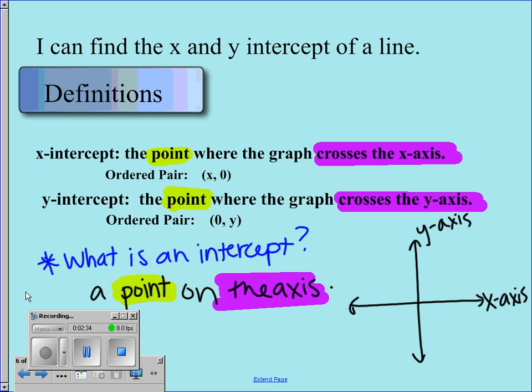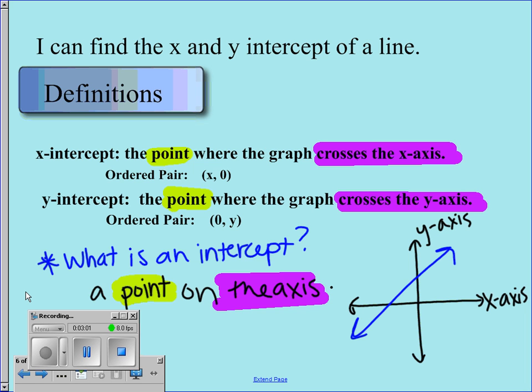There can be a lot of different points on that axis. So it says the point on the graph that crosses the x-axis or crosses the y-axis. So I'm going to draw a graph. I can draw any graph on my coordinate plane. I'm going to draw this one. If you follow along on that blue line, you should see how many places where it crosses the axis. 2.